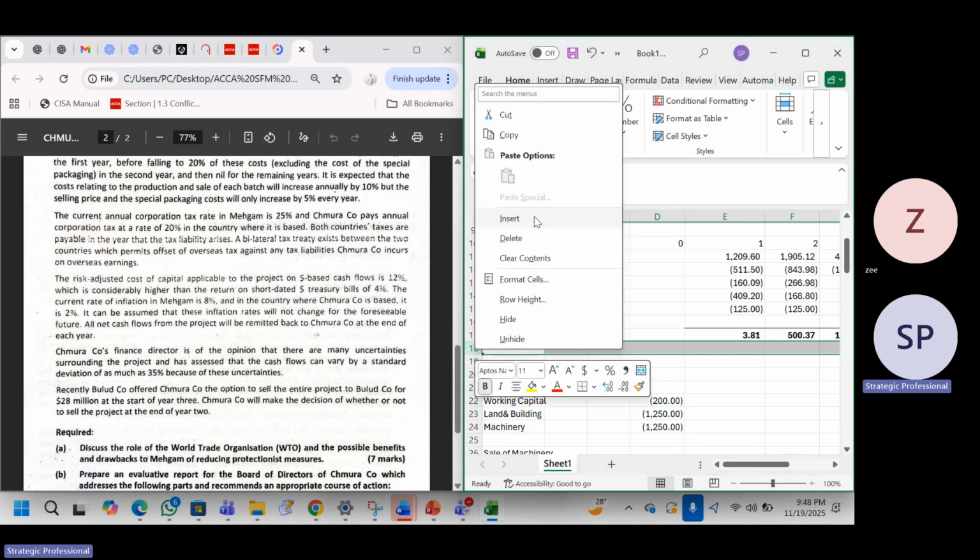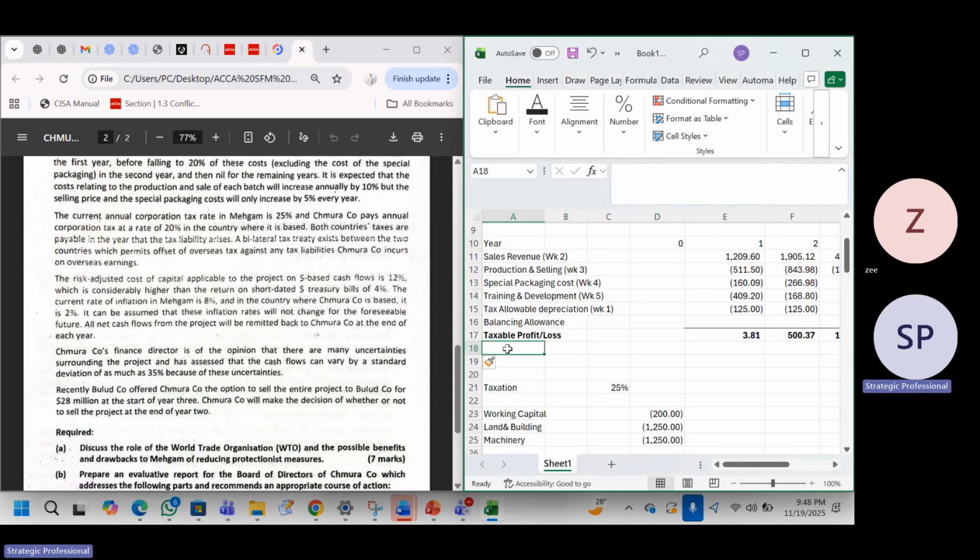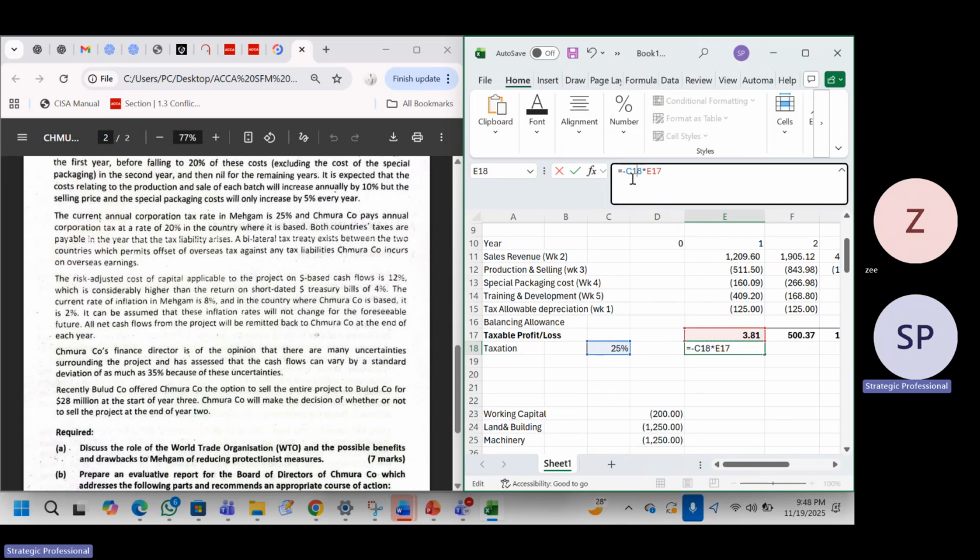So now I do my tax, right? What's my taxation? It's here already. So let me just cut this and bring it there. That's a bit of Excel. So I come here. This one is 25%, multiplied by all of this. I lock my C18, which is my tax rate, because it's a constant, and I drag.